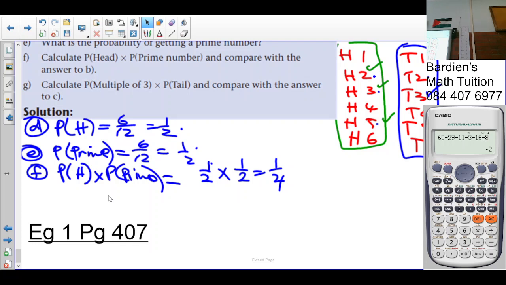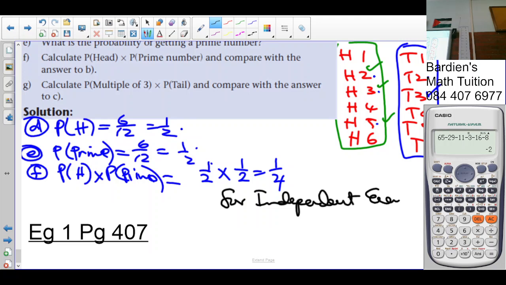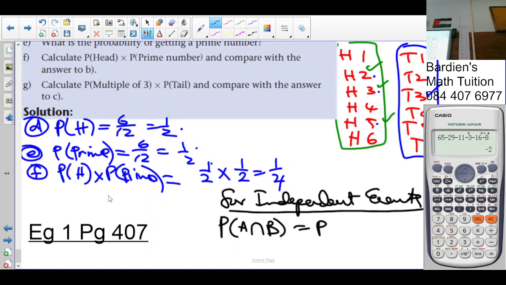So we're going to make a little note here. For independent events, very important to note that the probability of A intersection B is equal to the probability of A times the probability of B. Golden rule. You must know this.